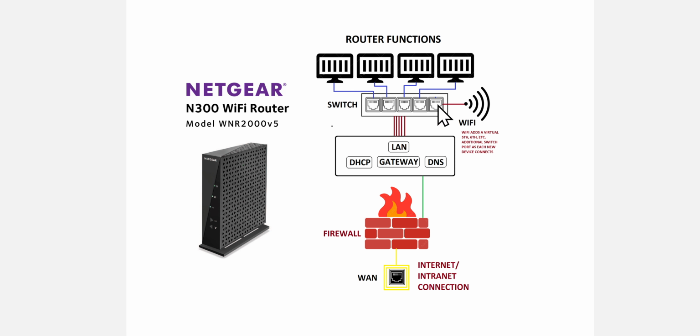It can do this switch function without any brains, just like we covered in the previous video, without a MAC or an IP address. And then on this side of it, this is when it gets into its smart functions, which is the DHCP, the gateway, DNS, and then the firewall to the internet.